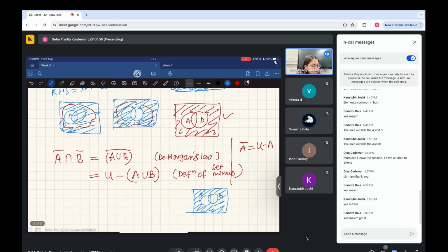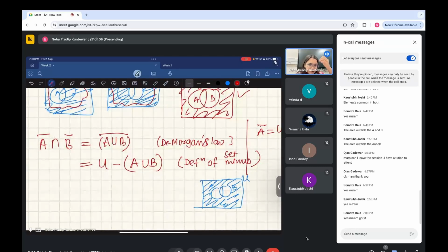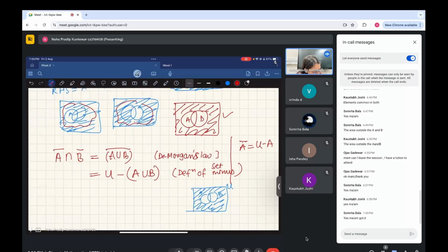The shaded area here is what A union B would look like, and what you have so far is U minus A union B. So A bar intersection B bar is nothing but that, because these two sets are equal, you have that the cardinality of this is same as the cardinality of U minus A union B.